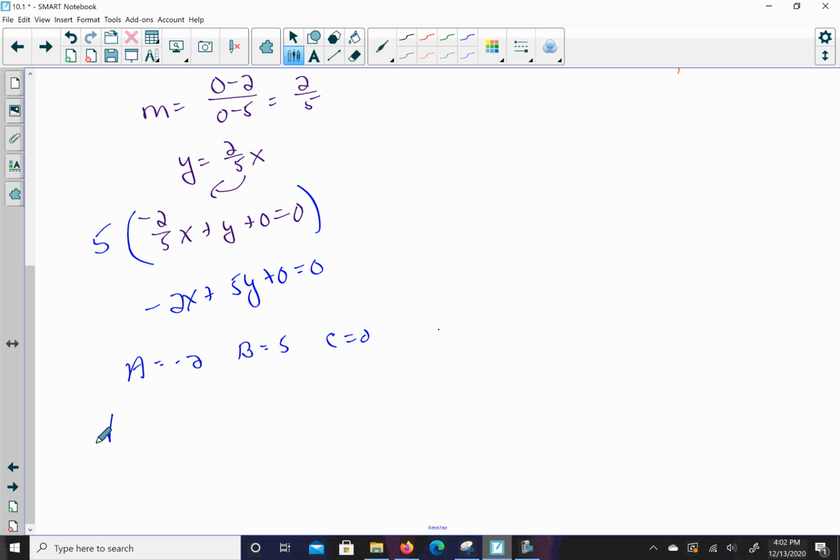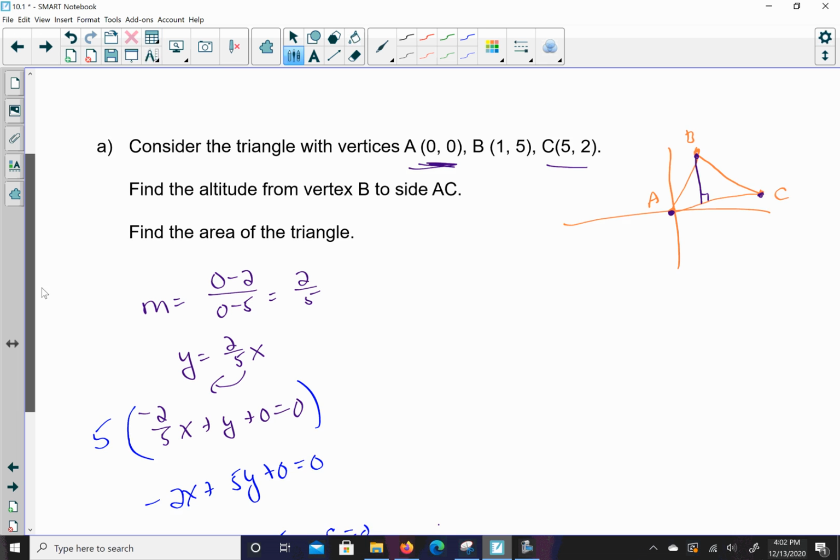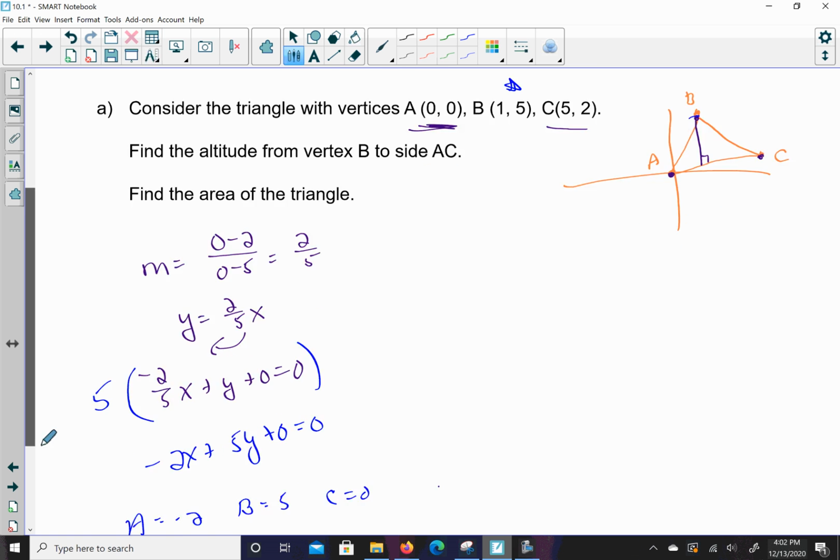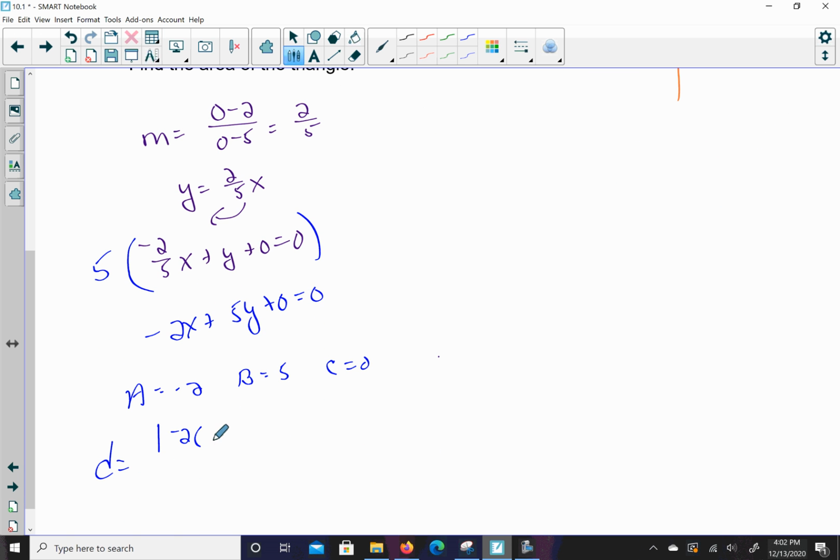So to find the distance, the distance is equal to the absolute value of negative 2 times the x-coordinate. Remember, I want the x-coordinate of point B, because that's the point up here. So that's going to be 1, plus b times the y-coordinate, which was 5, plus c, which is 0.